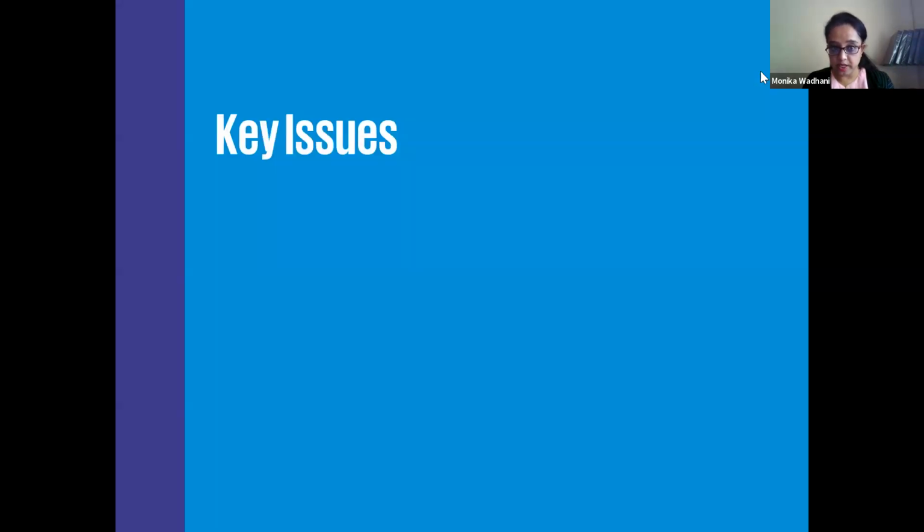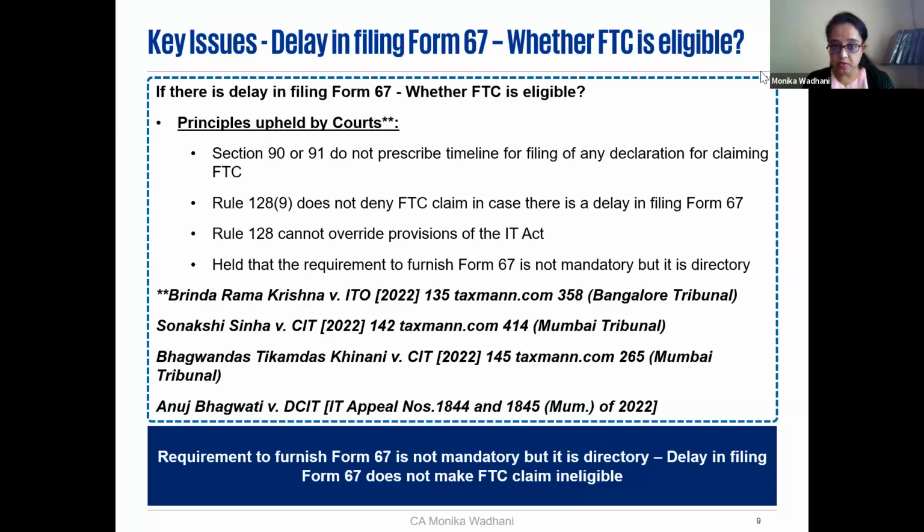Now let us go to certain key issues. Recently we are seeing many rulings wherein courts are dealing with the issue of what happens in case of delay in filing Form 67. For example, earlier Form 67 was required to be filed on or before the due date of return, and now it is required on or before the end of the assessment year.